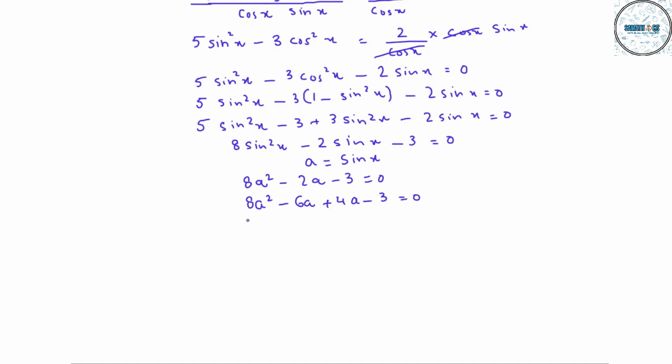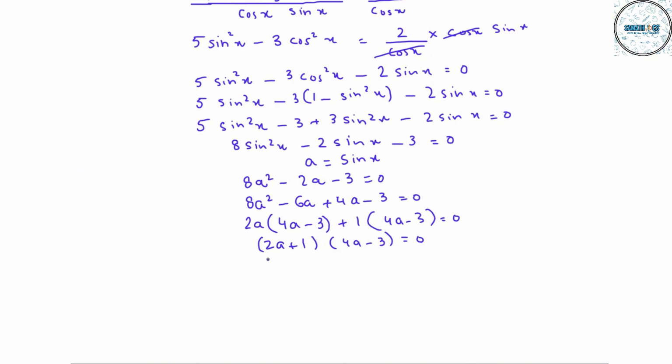We can take 2a as common, 4a minus 3 plus 1 is common, 4a minus 3 is equal to 0. 2a plus 1 and 4a minus 3 is equal to 0.